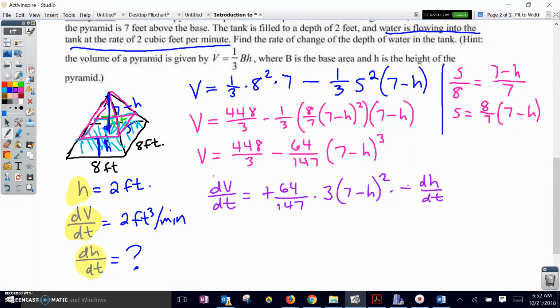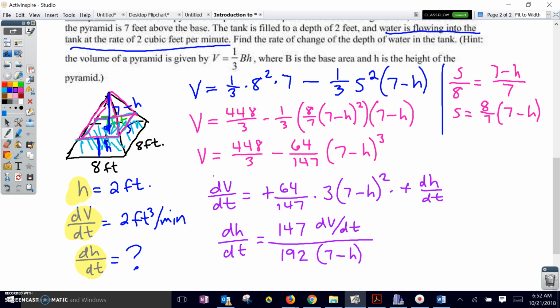These two negative signs cancel each other out. So I'm going to get dh/dt is equal to, and I've got 147 that I'm multiplying both sides by, over 192, 64 times 3, times the quantity 7 minus h, quantity squared.